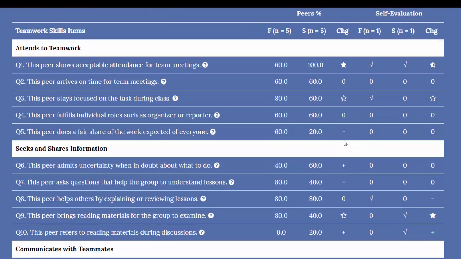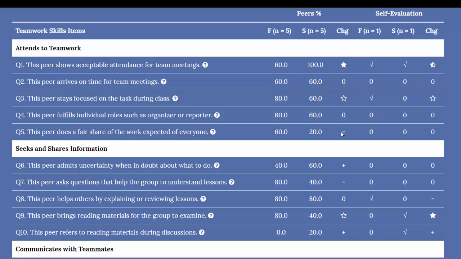Okay. Another thing you see here, for example, is question 5. Peer does a fair share of the work expected of everyone. Here we went from 60% of the peers to 20% of the peers. So that's shown as a negative, right? As a drop, and that was not chosen as a goal.